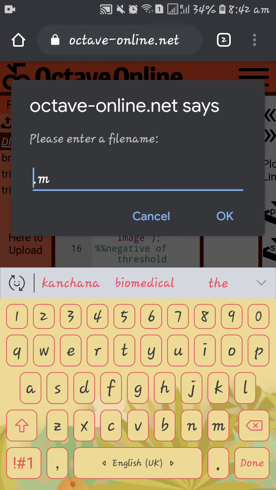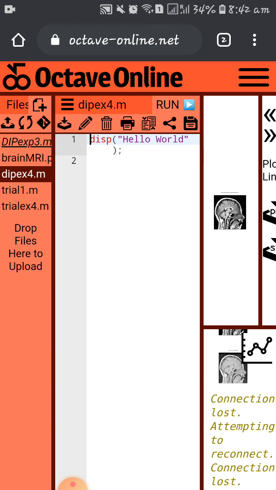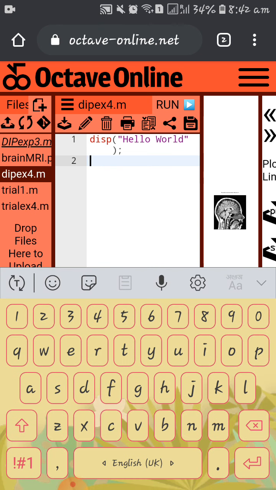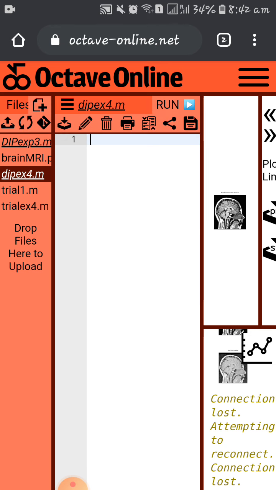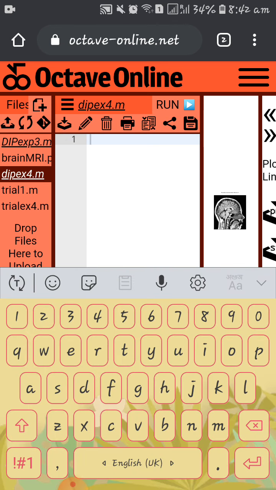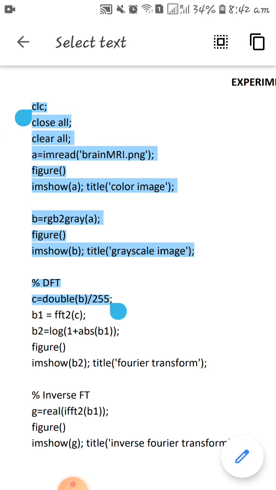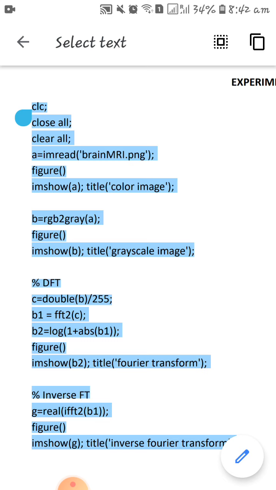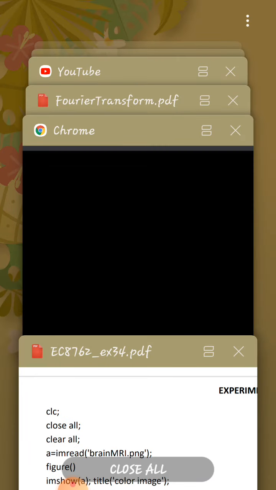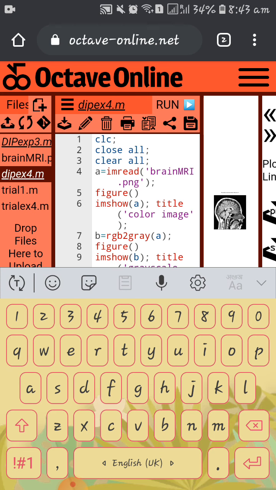I am just changing it to dip experiment 4. You can see by default it's showing disp of hello world. So I am just erasing it and I'll paste our code here. I'll just copy it again, then go to Chrome, paste.